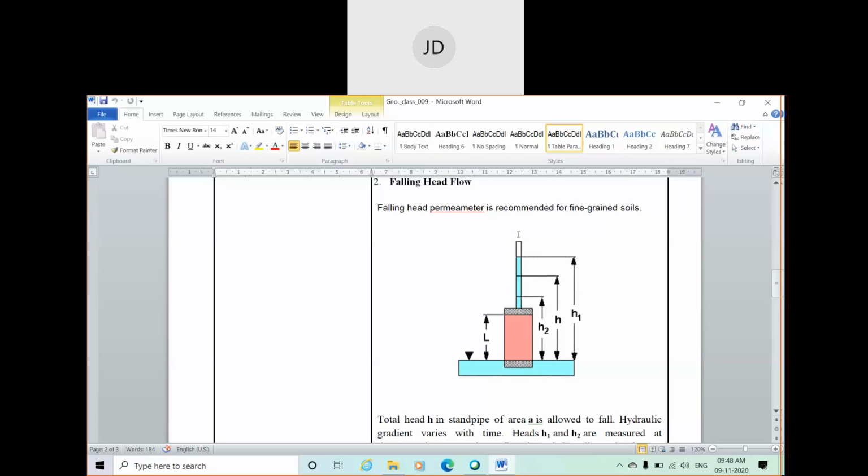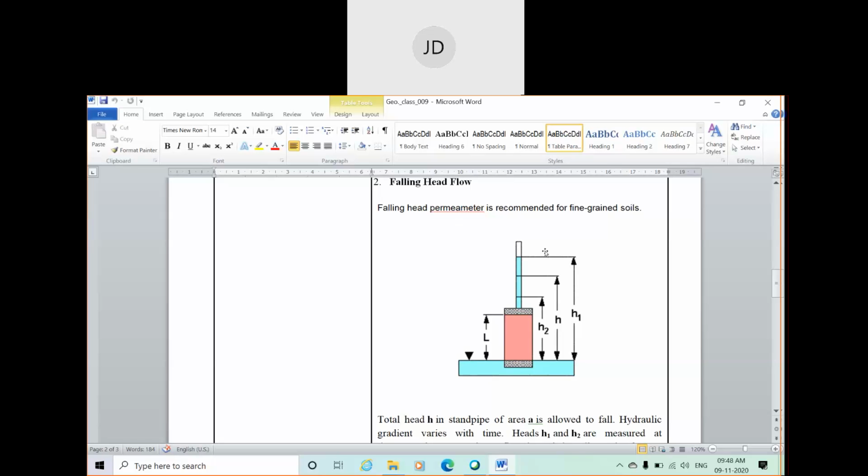A bottom tank is placed here to collect the water. A particular amount of water is poured from this inlet into the standpipe, and initially the water is filled up to this level.